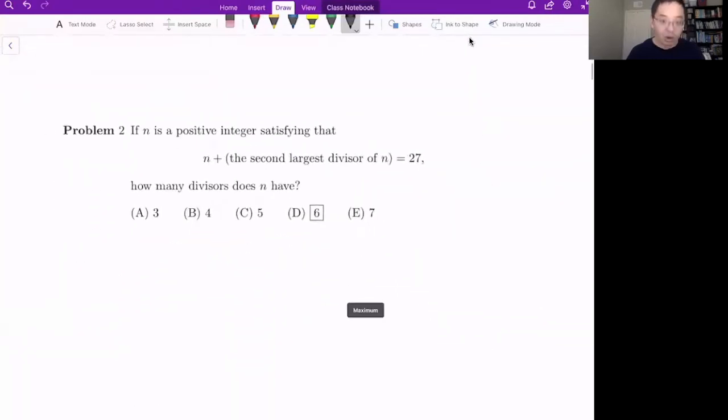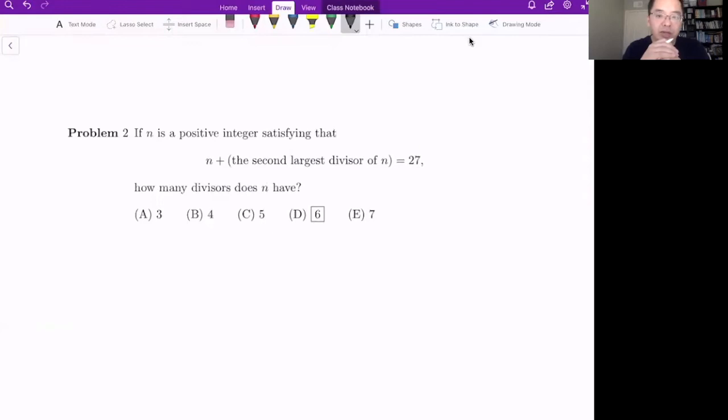Now let's look at problem 2. Problem 2 is a problem on number theory. It says we have a positive integer n. N plus its second largest divisor equals 27. Then we need to figure out what this integer is and how many divisors it has.